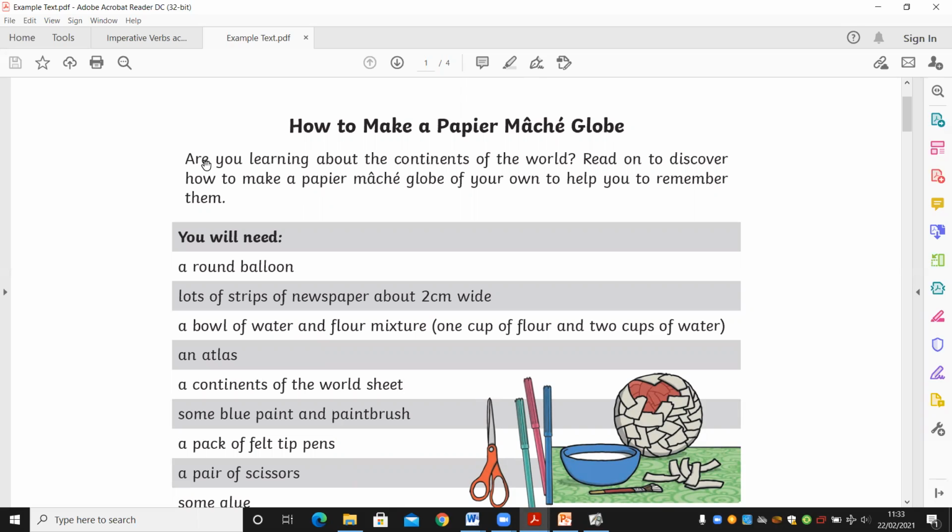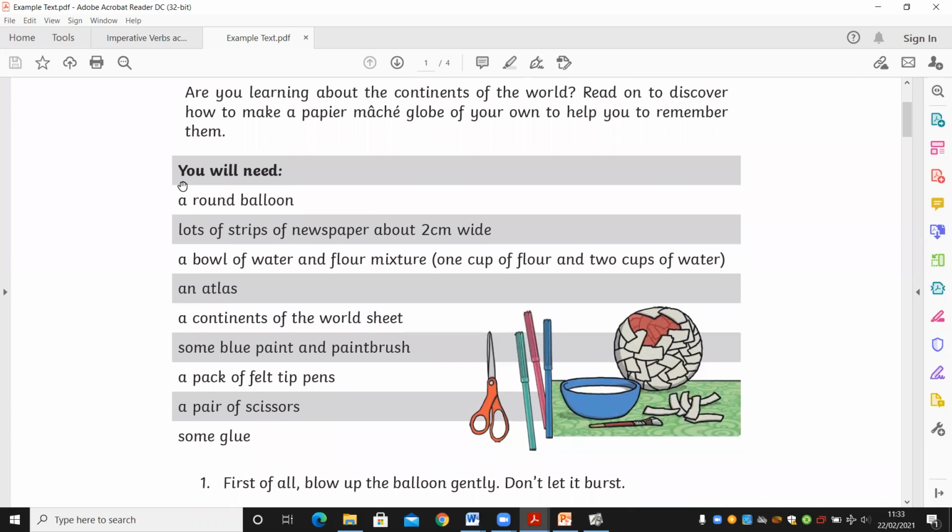So we don't have the top tip, like we had in the instructions that we looked at together in the lesson, but these instructions at which you looked independently, we have a little introduction. After that, the next part, children, is, that's right, the you will need.